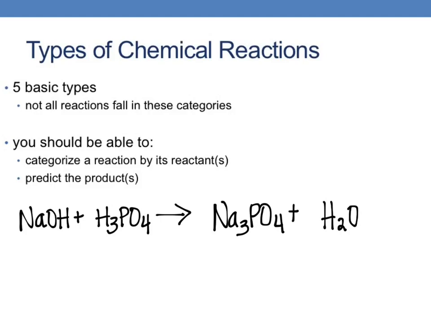So that would be the correct formula on number 10. And I'm going to tell you right now, number 1, 3, and 13 are already balanced if you did it correctly.